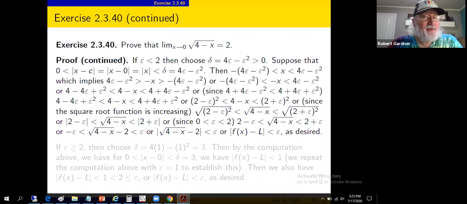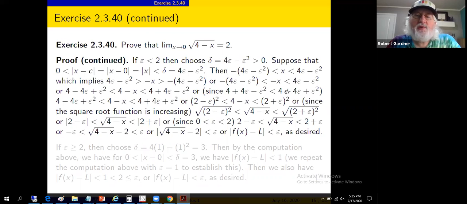Let's do the following. This is a real tricky part here. You would agree, parenthetic comment here, that 4 plus 4 epsilon minus epsilon squared is less than 4 plus 4 epsilon plus epsilon squared, wouldn't you? So we've got 4 plus 4 epsilon minus epsilon squared.